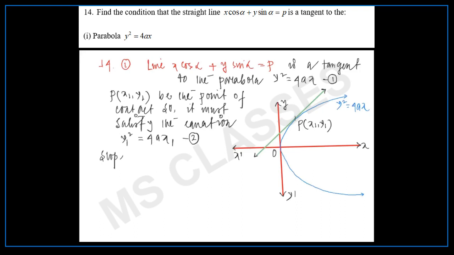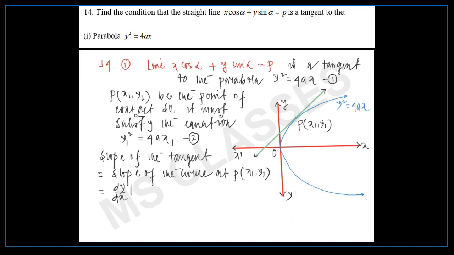So, slope of the tangent equal to slope of the curve at P (x1, y1) equal to dy by dx at (x1, y1). Now that gives us 2a by y1.